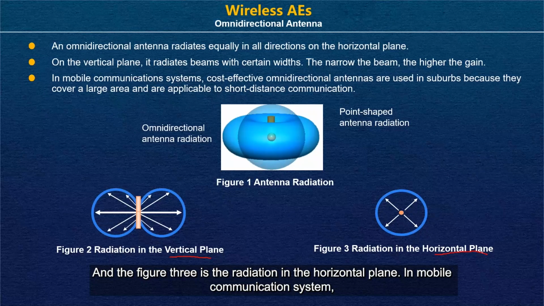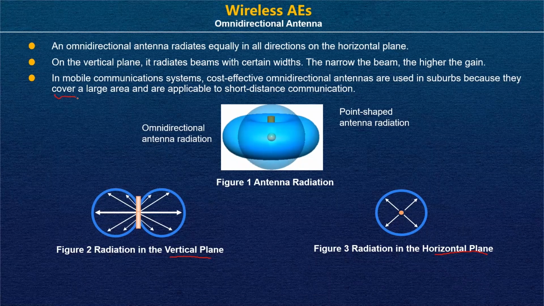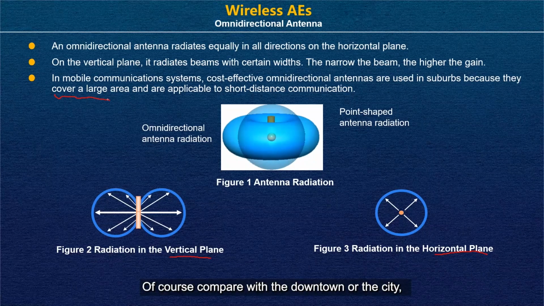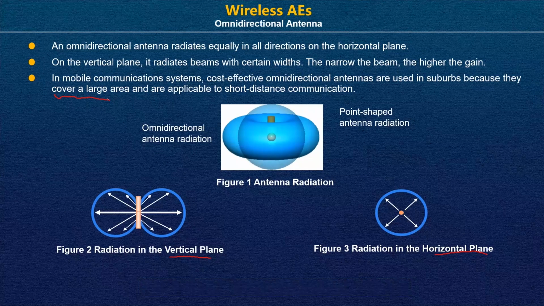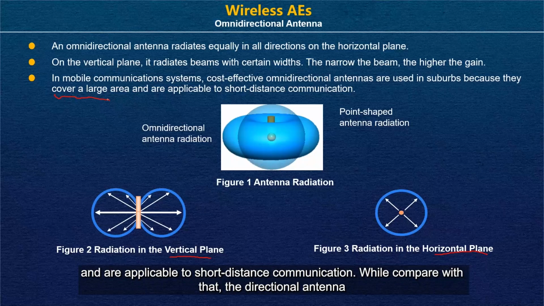In mobile communication systems, cost-effective omnidirectional antennas are used in suburbs because they cover a large area. Compared with downtown or the city, users in the suburbs are not that centralized, so the antenna we use in suburbs should cover a large area and is applicable to short distance communication.